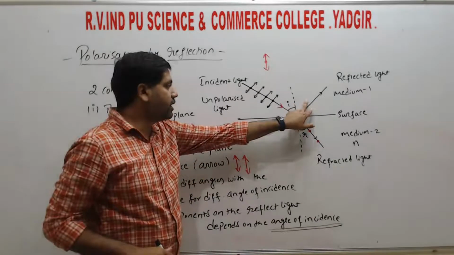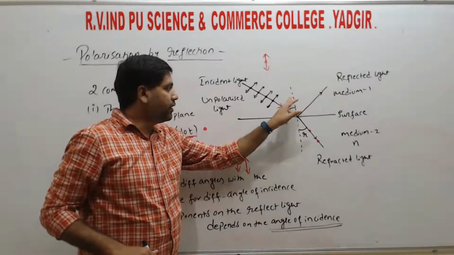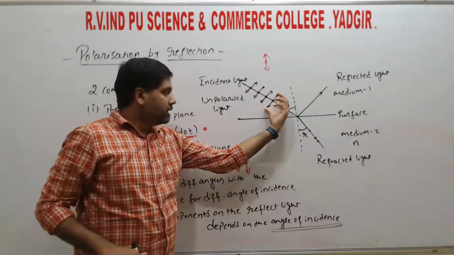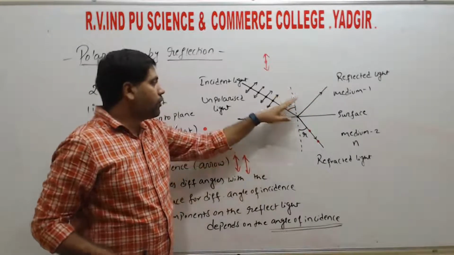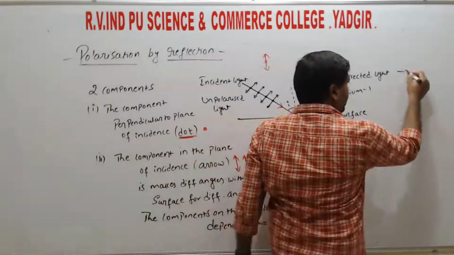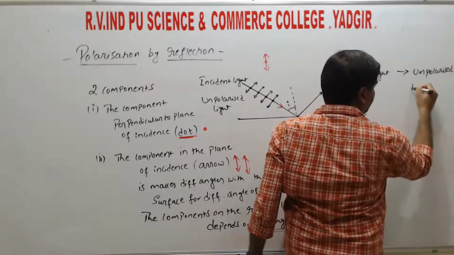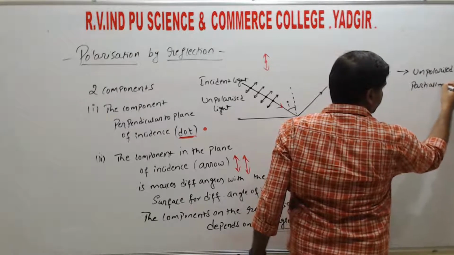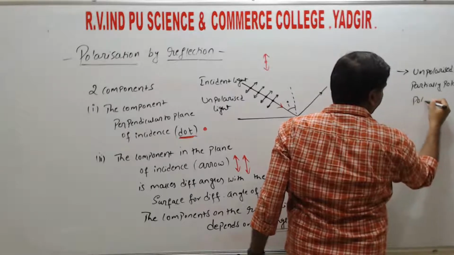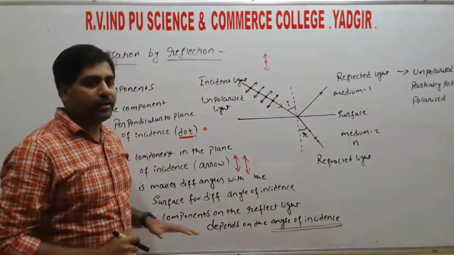Here we are getting the arrow marks, and these arrow marks depend on the angle of incidence. If the angle of incidence varies, then the components which are in the plane of incidence will vary. Hence the reflected light we get here may be unpolarized or partially polarized or completely polarized, right?